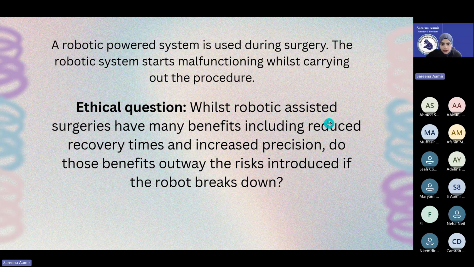Okay, answers are coming in. I think that these benefits could outweigh the risks as there should be highly skilled and trained surgeons, professionals supervising the robot. So when a malfunction does occur, they can intervene to ensure patient safety.